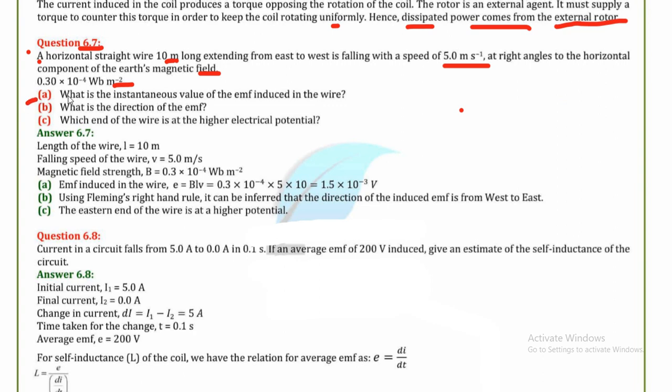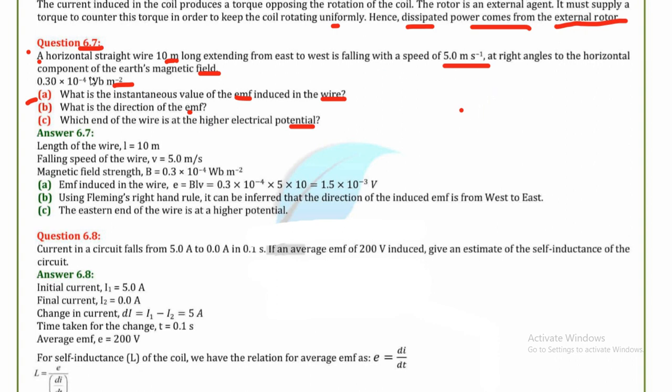First question is, what is the instantaneous value of the EMF induced in the wire? So we have to find out the value of induced EMF. Then what is the direction of this EMF? And then which end of the wire is at higher electrical potential? So we will discuss all these questions, but first try to understand the diagram of this question.